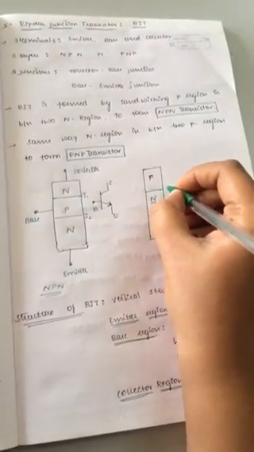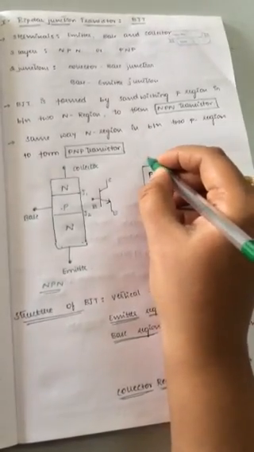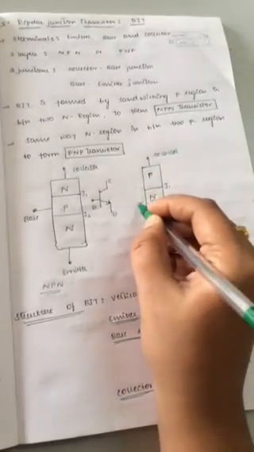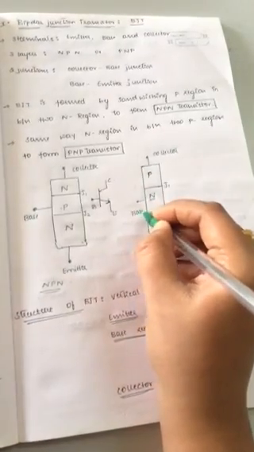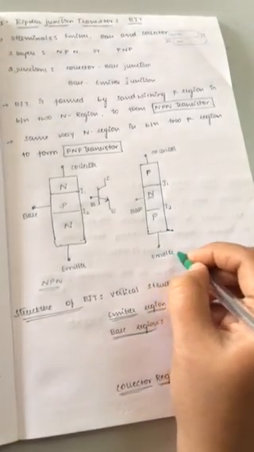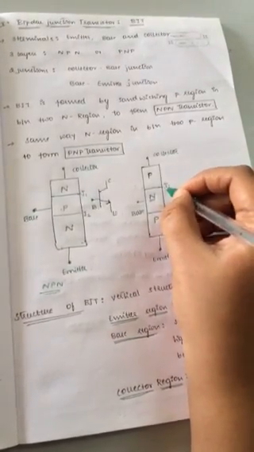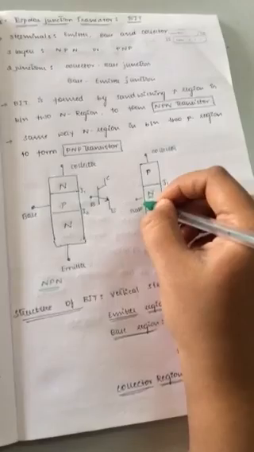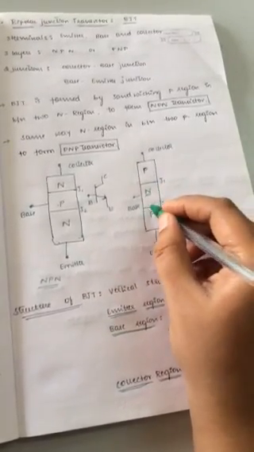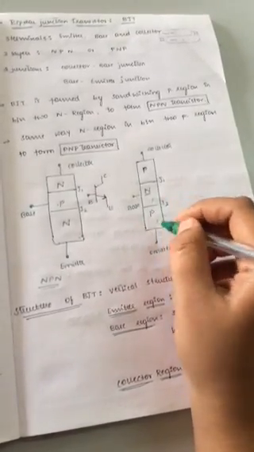Here also it has the two junctions, J1 and J2, and the three terminals, that is a collector, this is the base, and this forms the emitter. Junction J1 is in between the collector and the base, so it is the collector base junction. Junction J2 is in between the base and the emitter, so it forms the base emitter junction.